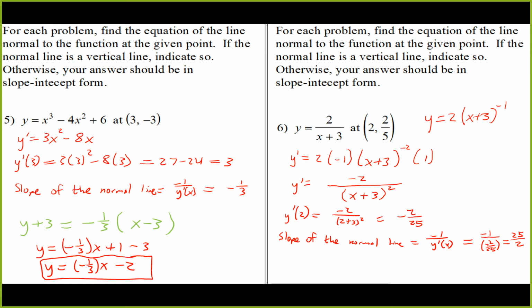Okay, Kelly, back to you. I've got a slope of a normal line, I've got a slope of the original function, and I've got a point. How could I write in point-slope form the equation of the normal line? Y minus 2/5 equals 25 over 2 multiplied by x minus 2.